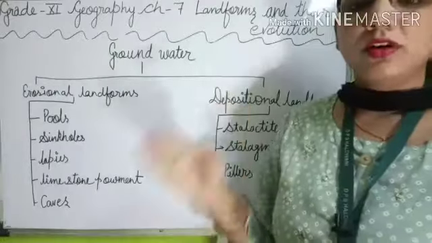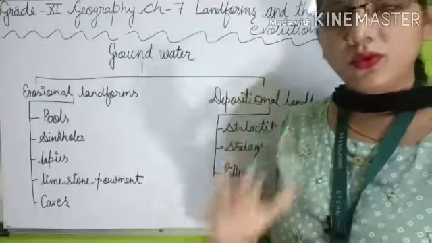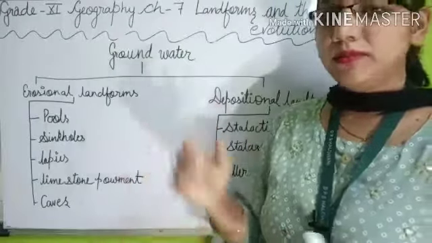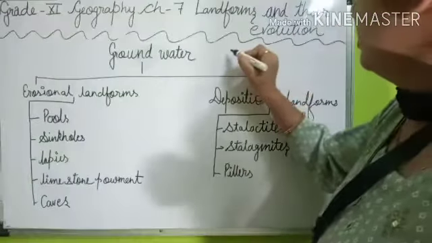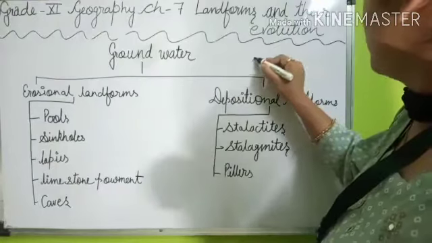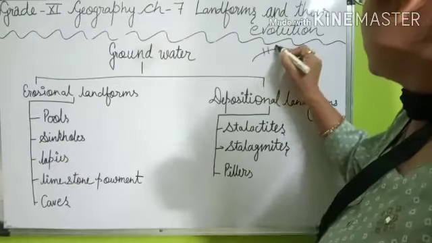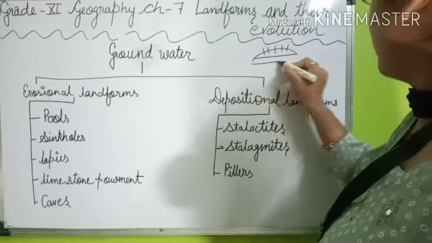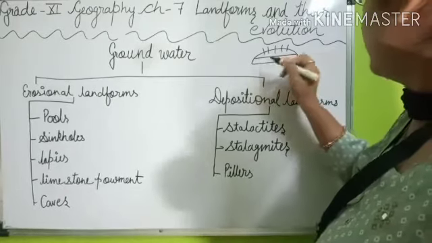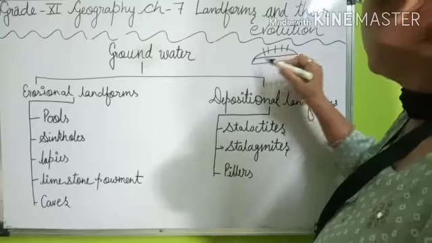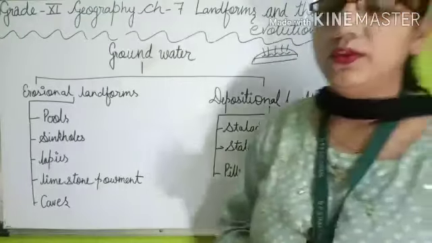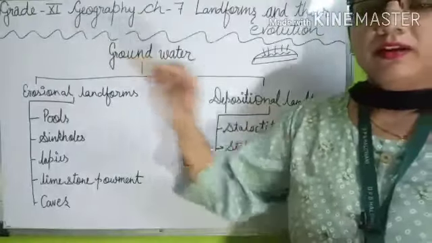The water under the ground flows horizontally through the bedding planes, because the rocks are horizontal, so it flows there in a horizontal way on the bedding planes.